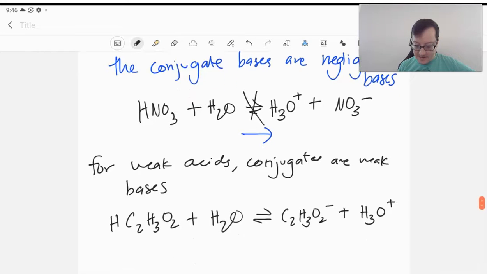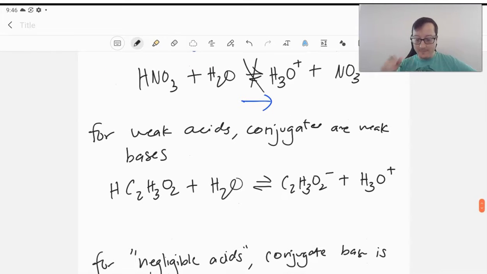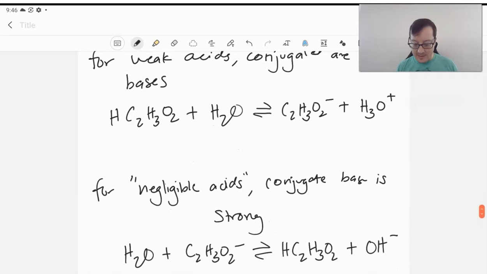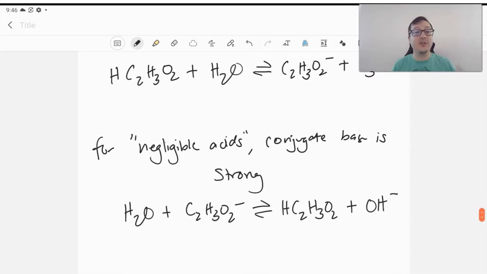Okay, and then for weak bases, the conjugates are going to be weak acids. So for acetate, a weak base, your conjugate acid is acetic acid, a weak acid. So again, this all applies for bases as well. And then finally, for negligible bases, the conjugate acid is strong.